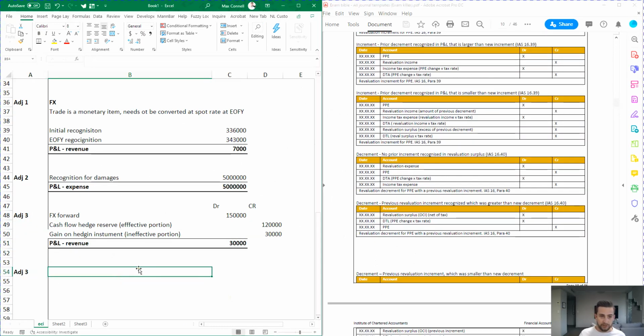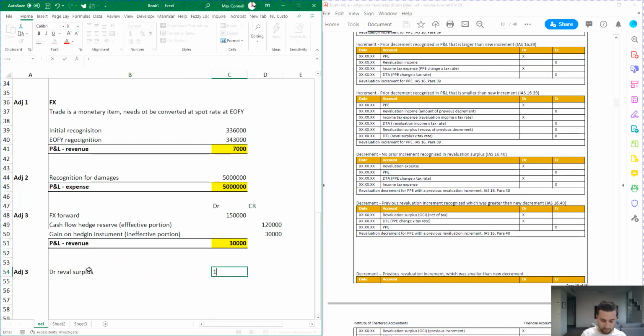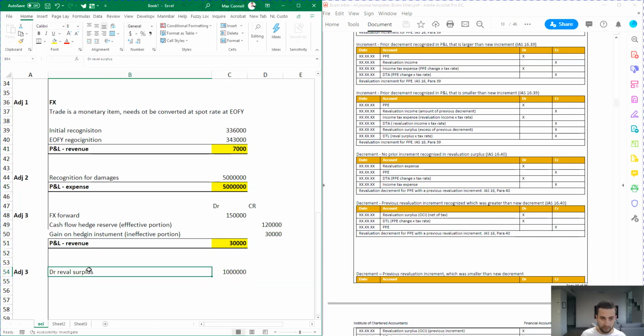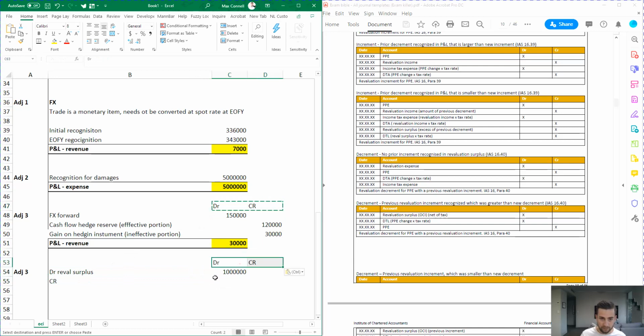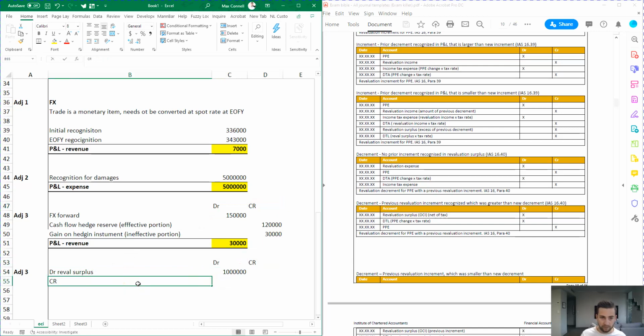Let's put our journal in here now. So we're going to debit revaluation surplus 1 million, and then credit the asset. Is it land? Yeah, it's land. What's the asset there? Or is it building?